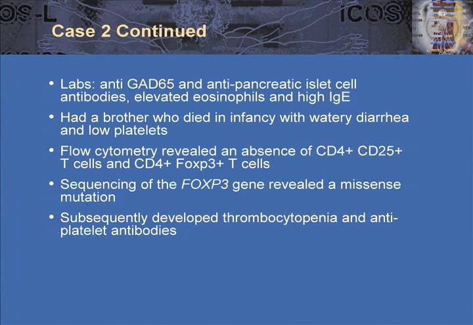Sequencing of the FOXP3 gene revealed a missense mutation which led to lack of expression. Subsequently, Billy developed thrombocytopenia and antiplatelet antibodies. So now the patient has autoimmune thrombocytopenia in addition to inflammatory enteropathy and type 1 autoimmune diabetes.